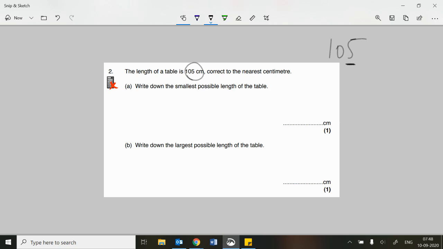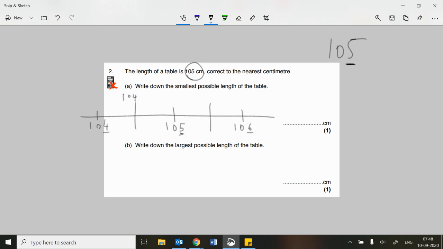Okay, so write down the smallest possible length of the table. I'm going to do the same thing again. I'm going to do 105 there. And from that place there, I'm going to go up 1, and I'm going to go down 1. Okay, and I'm going to go halfway as well. So 3 numbers and then the halfway points.